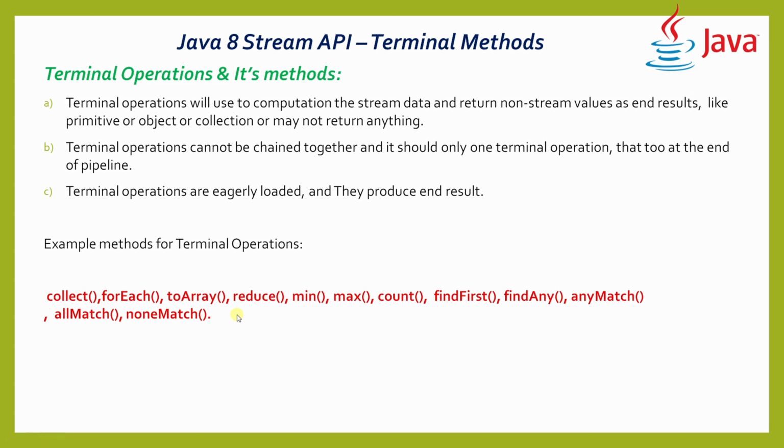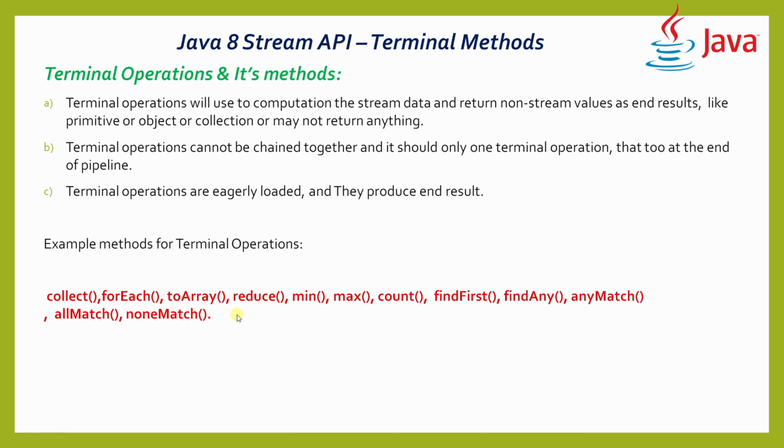So now let's come to the topic, terminal operations. As you have seen, terminal operations are used to compute the stream data and return non-stream values, and end the result as a primitive, object or collection.